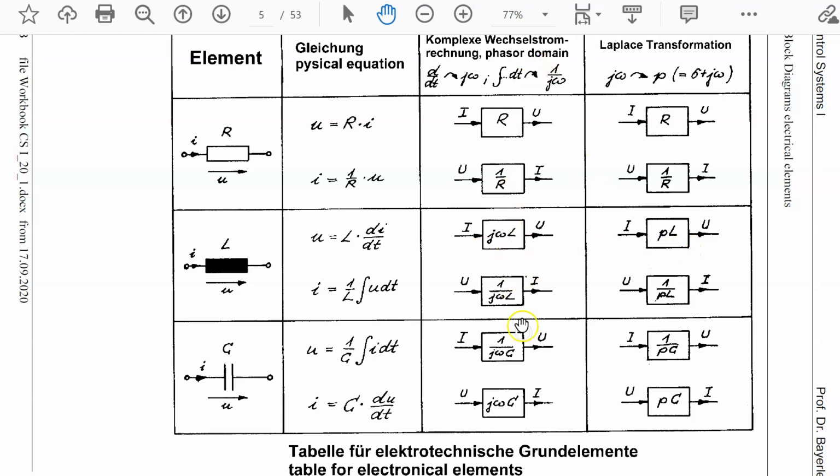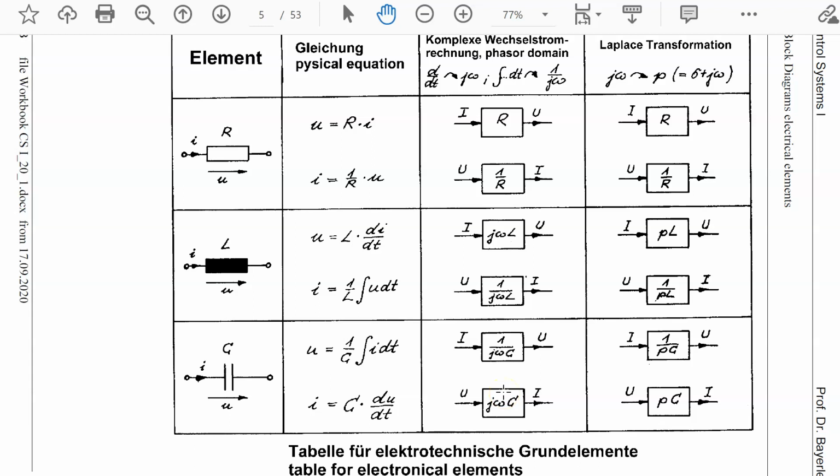Both columns are very much the same. If you replace the p with j omega, you get this. If you replace the j omega with p, you get this. So if you have the phasor domain, which is true for sinusoidal signals, or the Laplace domain, which is true for switched signals, you see the behavior is very similar.